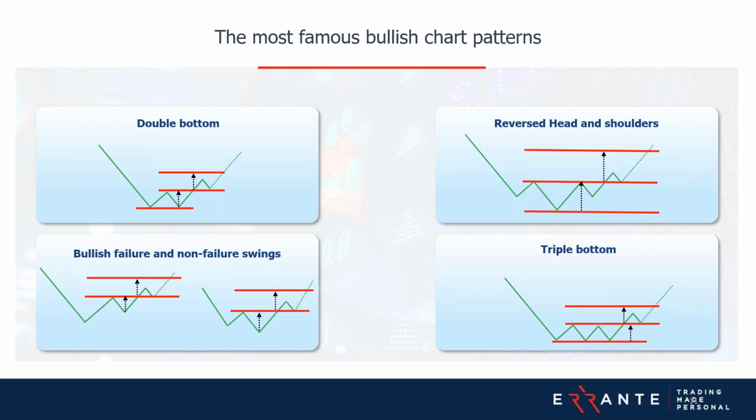Let me just wrap it up a bit faster because we explained the formation and the shape and the price rejection afterwards for each of these patterns in very great detail in our previous webinar. So let me just direct you to watch our previous webinar on the website to get a full picture of how these chart patterns work.